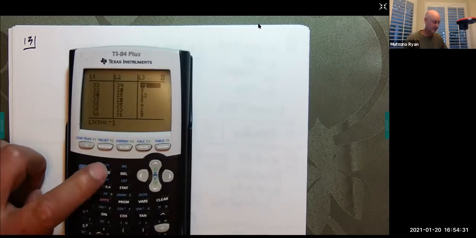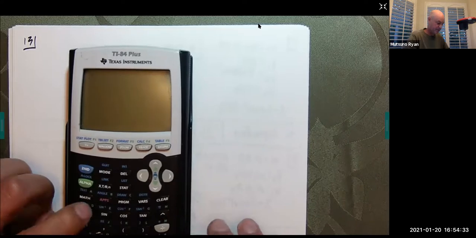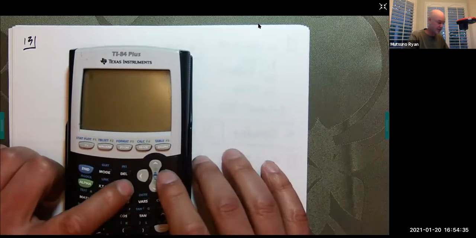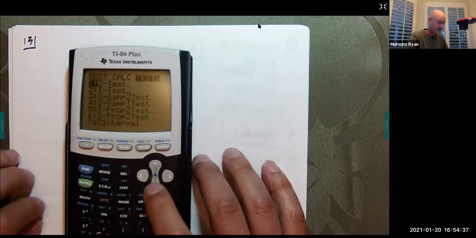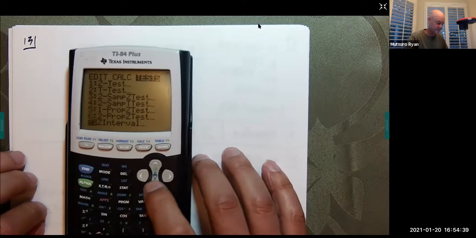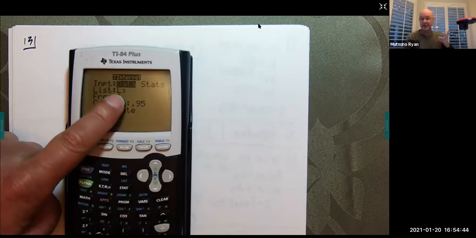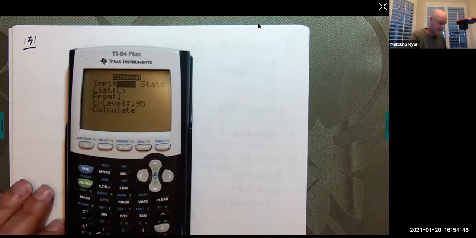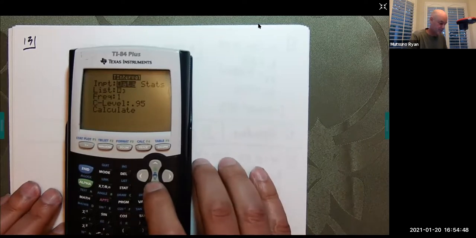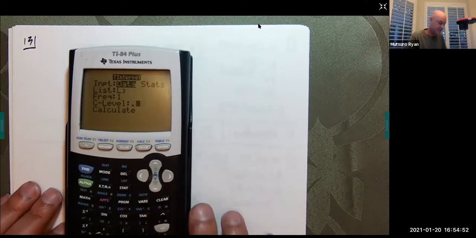And even more nice, I can go in, and this is going to be just a regular t interval based on the data in list 3, so it keeps the L sub 3 there for me. Frequency is just 1. And the confidence level is 0.9 for this one. That says go.